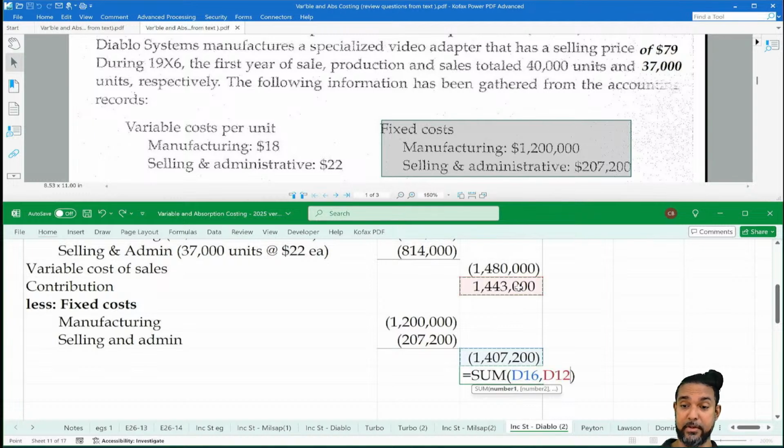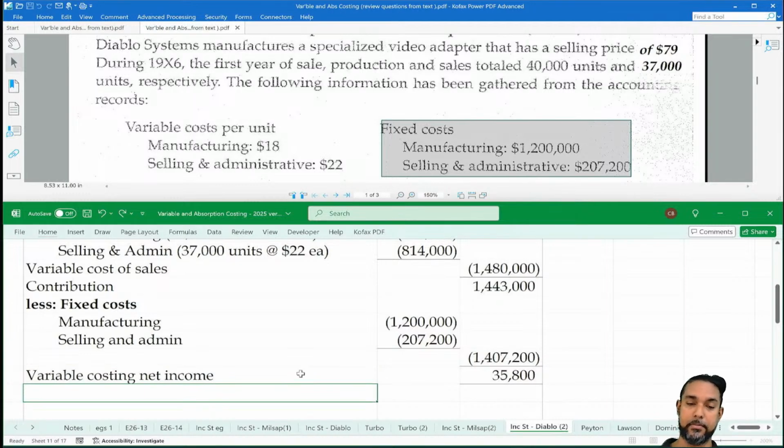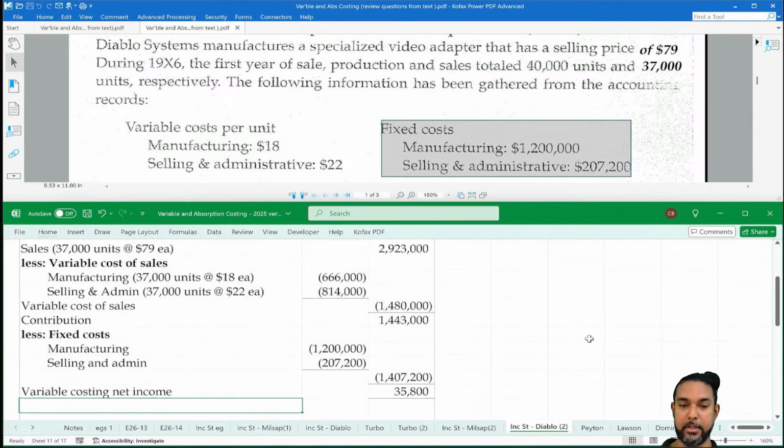Right, so almost everything gone there, boy. Wow. So from 1.4 million in gross revenue, we dropped down to 35,800 in net income. Wow, so variable costing net income. Wow. Okay. All right, I'm gonna zoom out and send a pick of the whole thing.